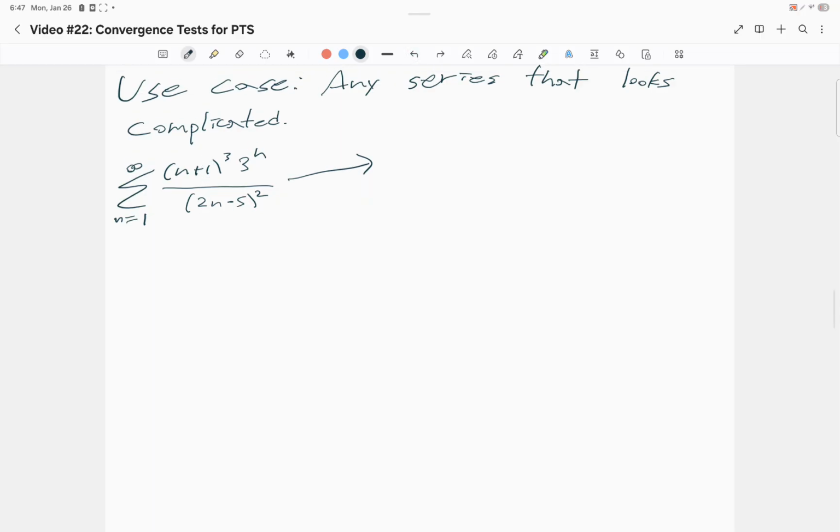When we're doing this, we disregard them. So we're just going to have n cubed, 3 to the n, over 2n minus 5, just make that n squared. And then these cancel, getting us an n. So we have n, 3 to the n. The 3 to the n matters much more, so we kind of just get rid of the n. So you simplify it as much as you could. And so we're going to be dividing by that 3 to the n now.